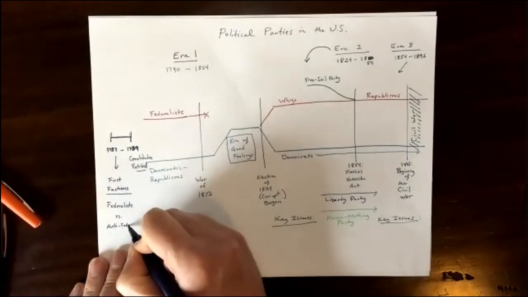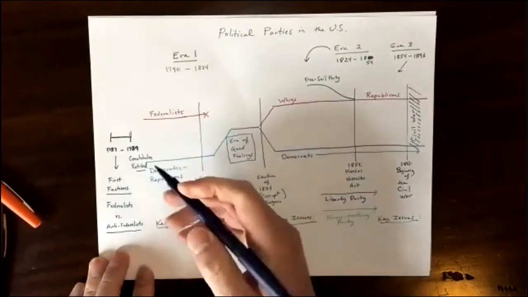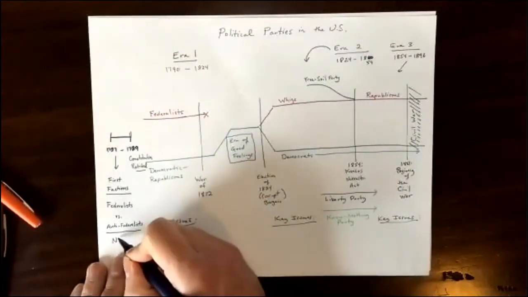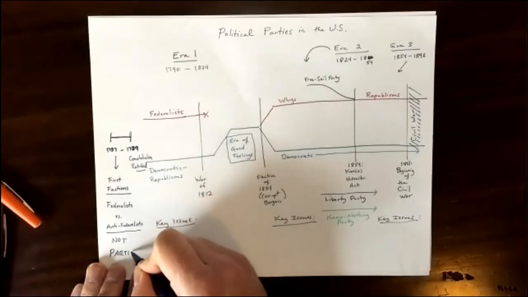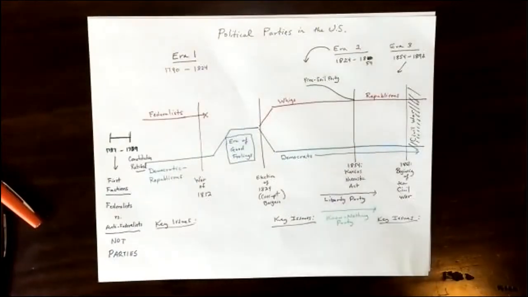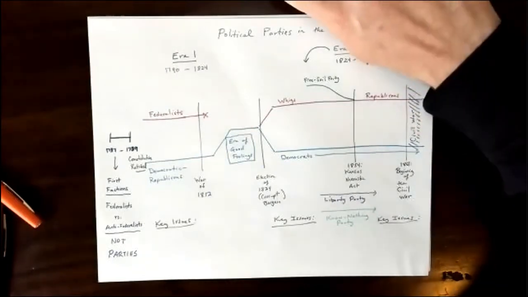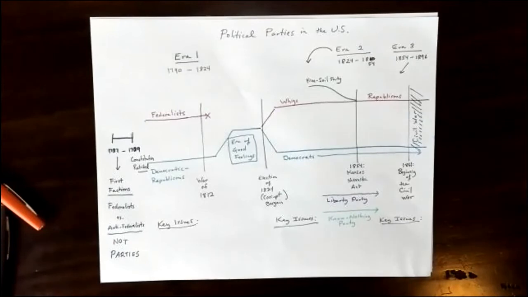Now, it is important to note that these are not parties. Parties seek to control the government. And at this time period, there was no government. There is only a debate over whether or not the Constitution should be the new system of government in the United States.